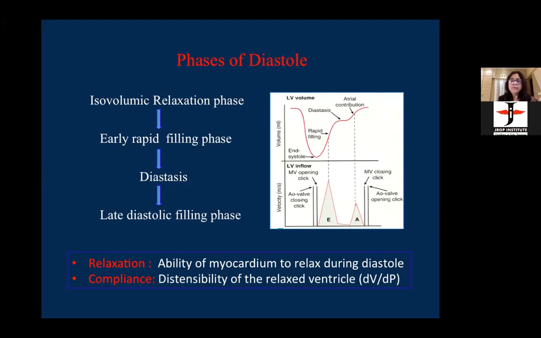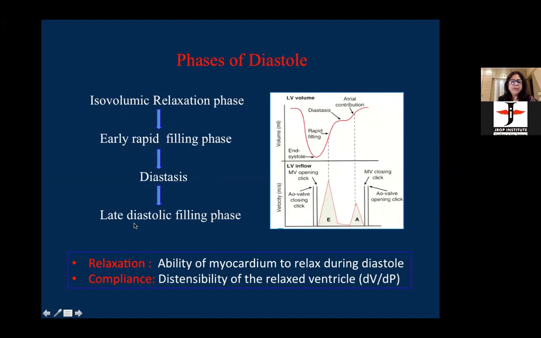But if you remember, 20% of the blood is still remaining in the left atrium because the LV has received only 80% of filling in the early rapid filling phase. So that remaining 20% of the blood is ejected from the left atrium to the left ventricle by the active pump of the left atrium, or atrial booster, as we say.